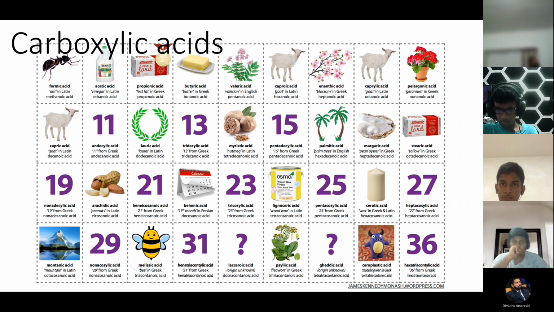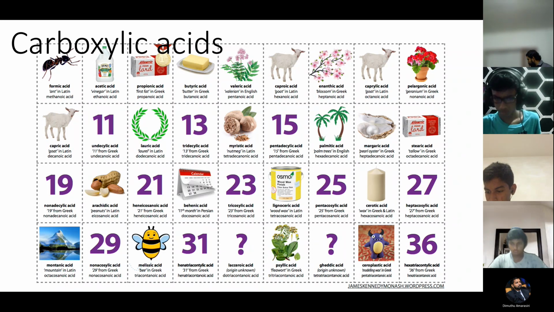Butter consists of a carboxylic acid called butanoic acid, and pentanoic in certain plants, and caproic acid, hexanoic, is probably in goat milk. I'm not 100% sure, but rather than the acid, it's the fatty acid it contains.